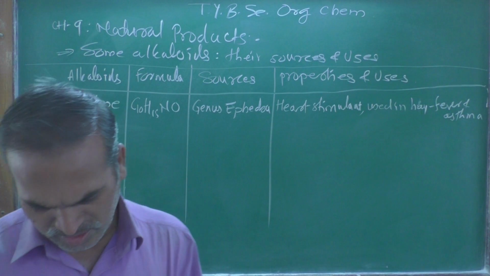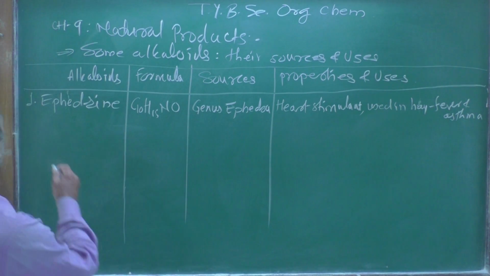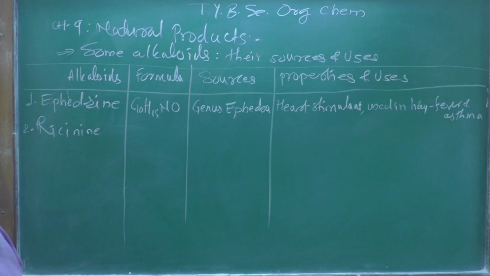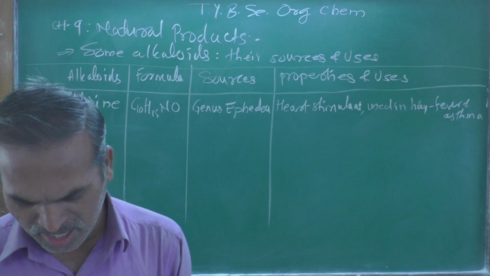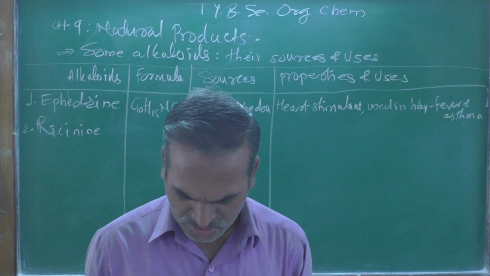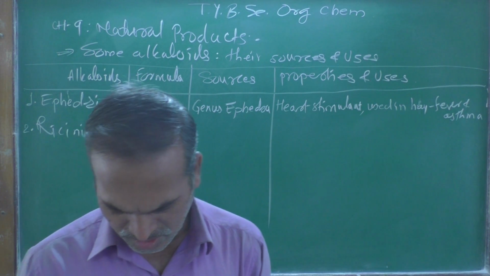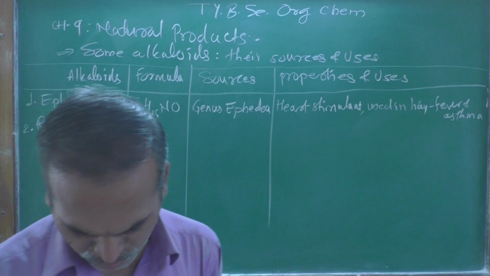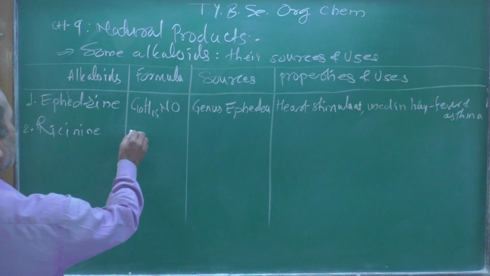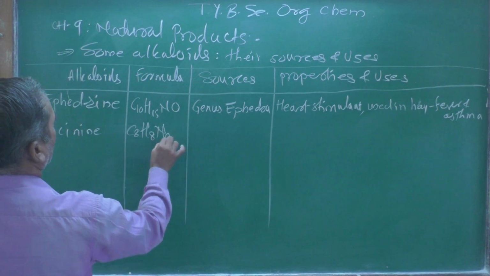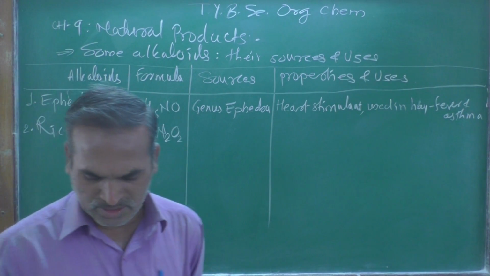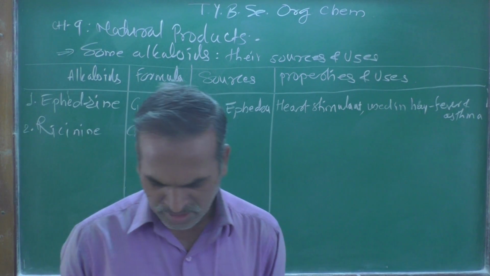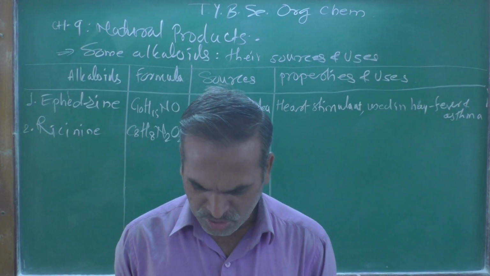Now the second one is ricin. That is the name of the alkaloid, and ricin has the molecular formula C8H8N2O2.